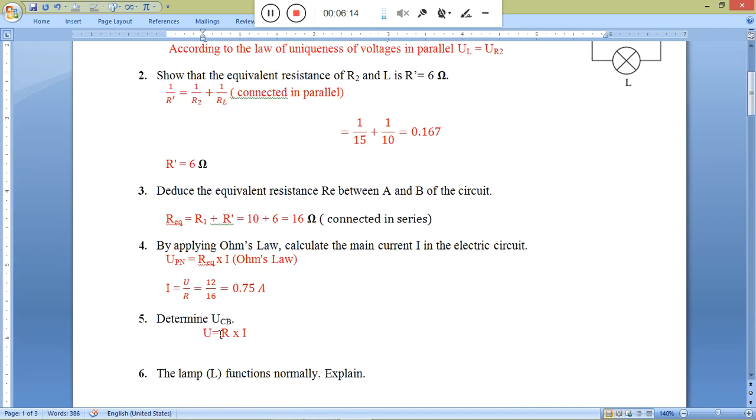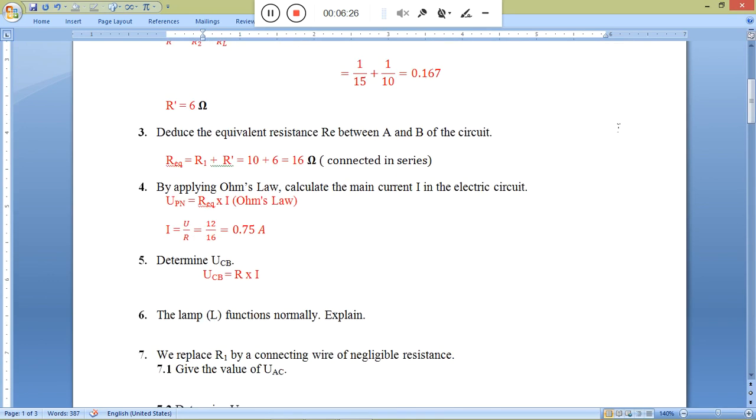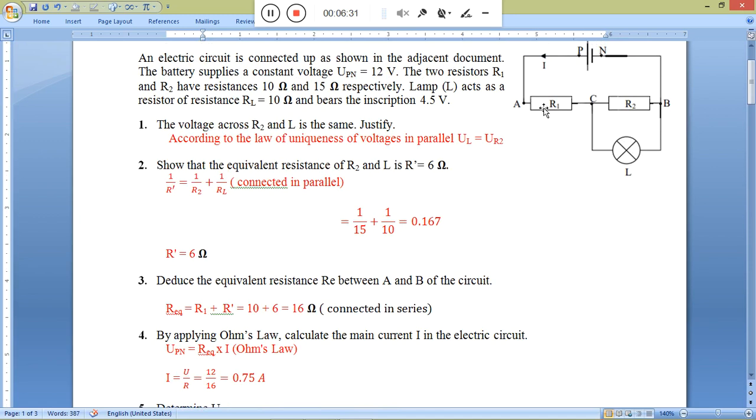The voltage determined is UCB. What's the resistance between C and B? Between C and B we have R prime, the equivalent resistance of these two resistors. And the current passing through R prime is actually the main current.